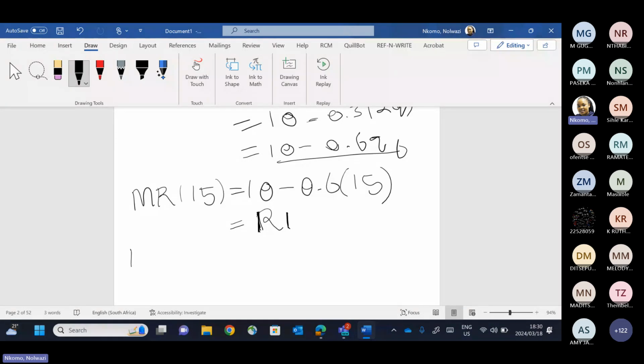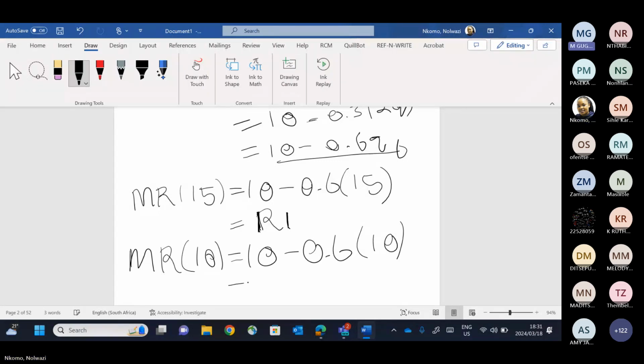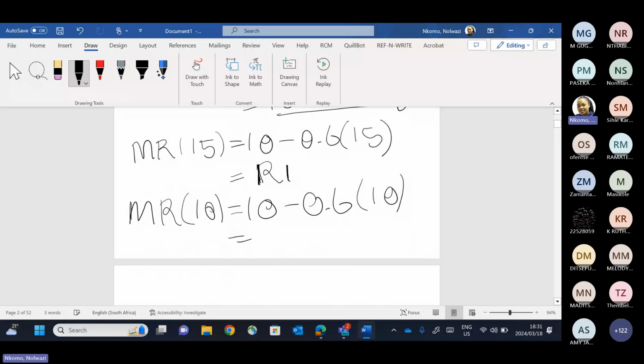Again, you go to the marginal revenue function. You'll have 10 minus 0.6 times 10, so this will give us 4 rand. This simply means after 10 units have been sold, if you sell one more unit, you'll generate an additional income of 4 rand.